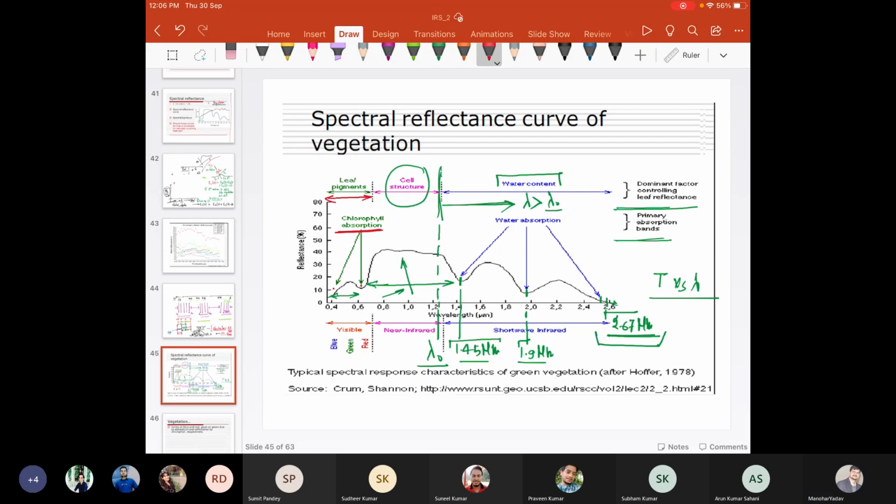Due to the chlorophyll absorption at these two locations, there is less reflectance compared to the green. So in case of vegetation, when we consider a wavelength less than 0.7 micrometer, the reflectance is due to the leaf pigments, and there are two valleys due to the chlorophyll absorption, and the highest reflectance we get at the green wavelength.